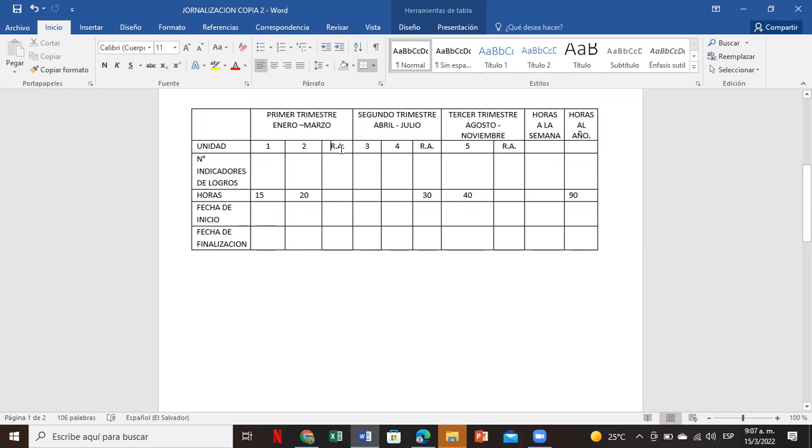This is an opportunity for students who don't want to work. Maybe you have Pedrito. Pedrito didn't work on Unit 1 and Unit 2, so you have to create an activity in order to help Pedrito to achieve.